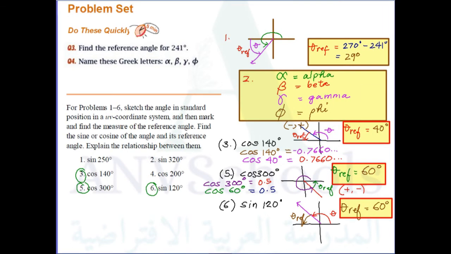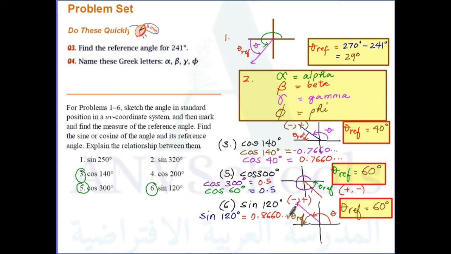Okay, so what is my sine of 120 degrees? Because we are on quadrant 2, we expect our cosine to be negative and our sine to be positive. So sine 120 is equal to square root of 3 over 2. Or in decimal form, that's equal to 0.8660.